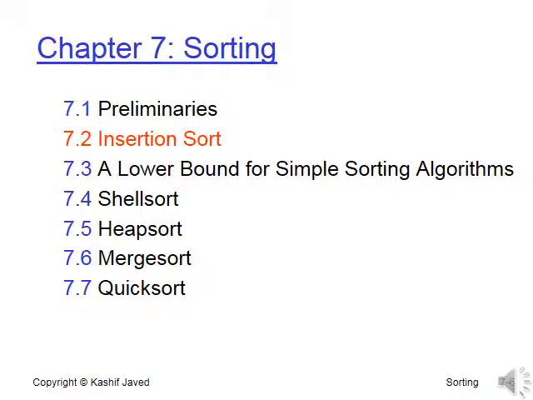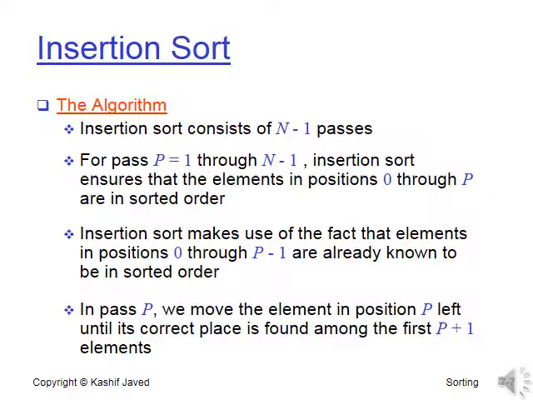Let's further discuss insertion sort. Insertion sort algorithm comprises the following points. It consists of n minus 1 passes. For pass p equals 1 through n minus 1, insertion sort ensures that the elements in positions 0 through p are in sorted order.